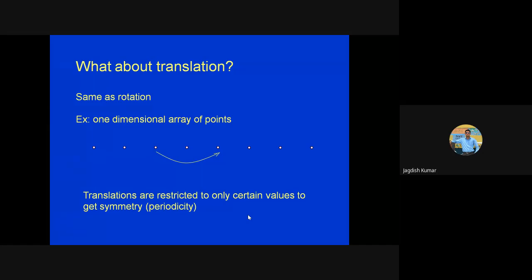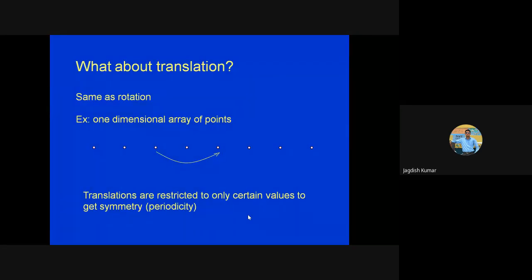I am just talking of periodicity. We are just trying to understand how periodic structures can be described. Then we will take these concepts of periodicity and apply them to crystal structures. As of now, it is just to understand what symmetry is and how periodicity leads to different kinds of symmetries. So if we take this one-dimensional array of points, then that has of course translational symmetry.